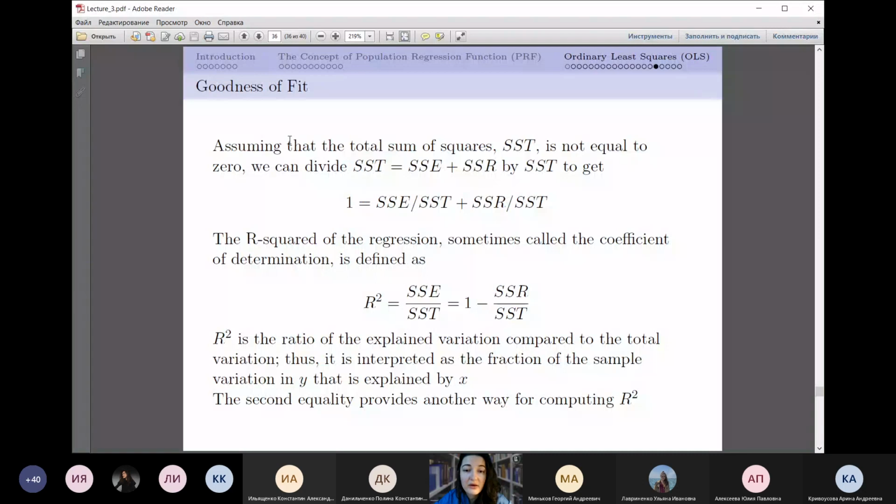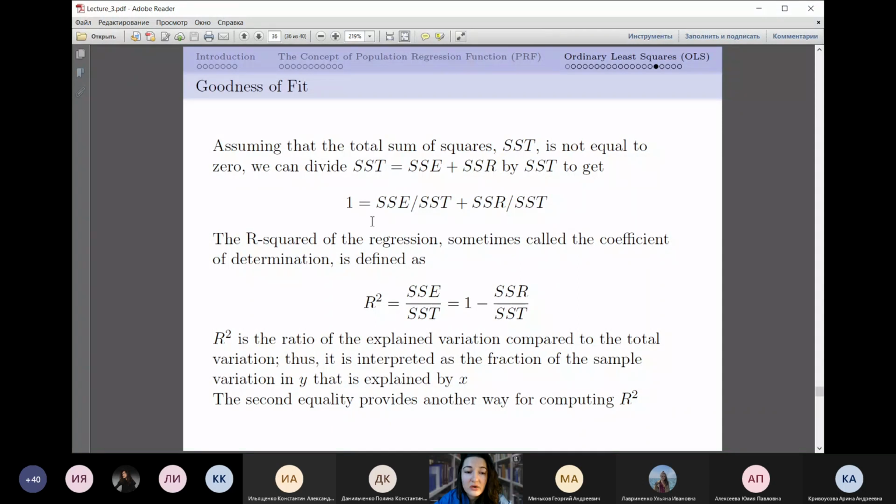We want to measure how well the explanatory, or our independent, variable can explain our dependent variable. And for this purpose, we divide by the total sum of squares, and after we divide, we can say that the sum equals 1.